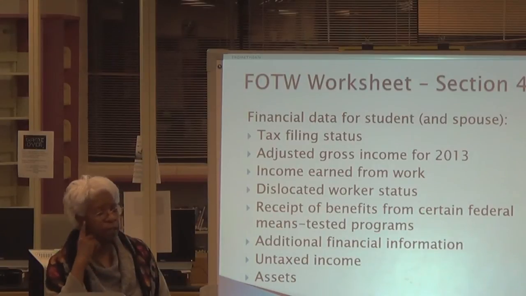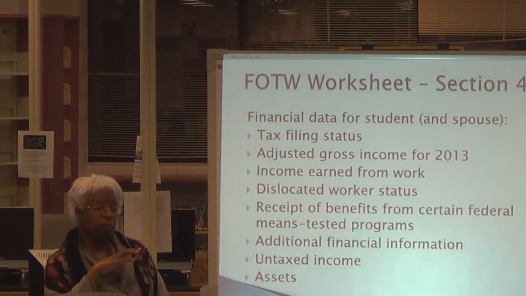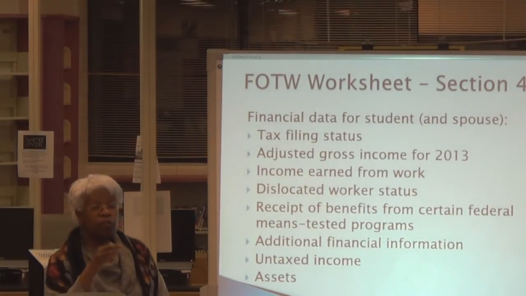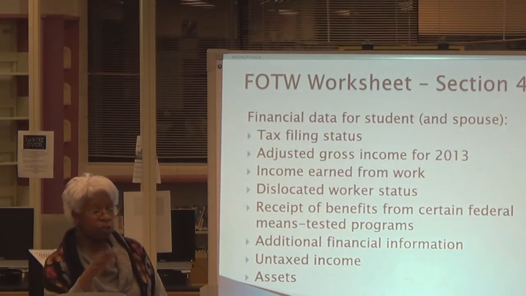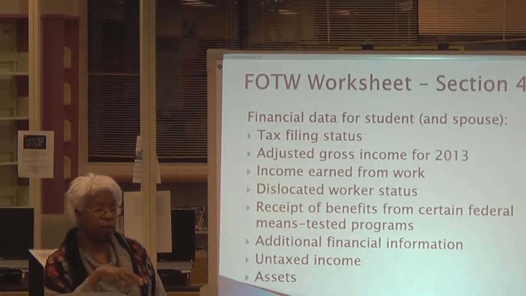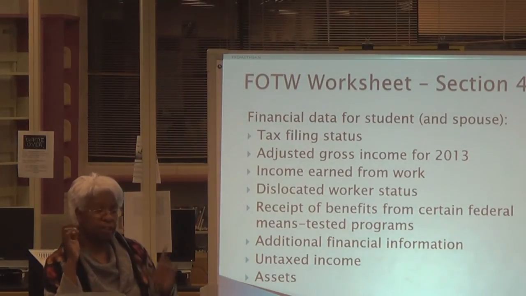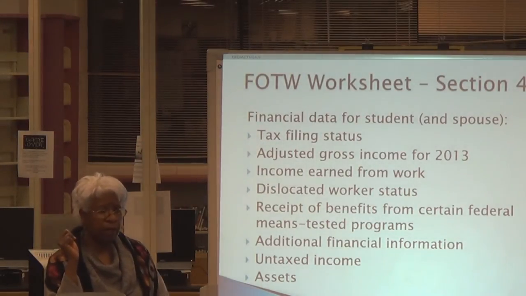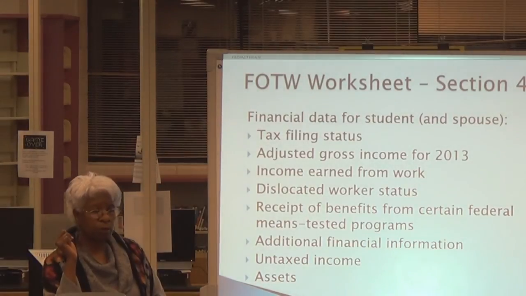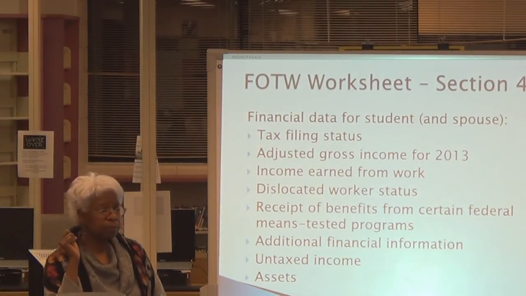Rarely do we see anybody put in that particular category, but they haven't taken it out. And she's underemployed. So when she tries to go out to work, she's underemployed. So dislocated worker status is supposed to help employ the person who's dislocated.